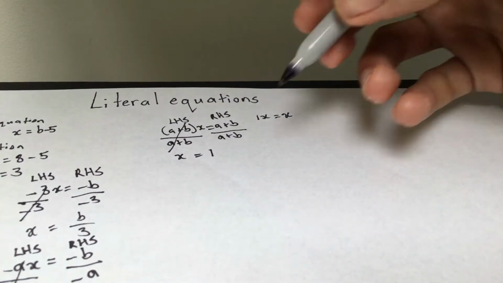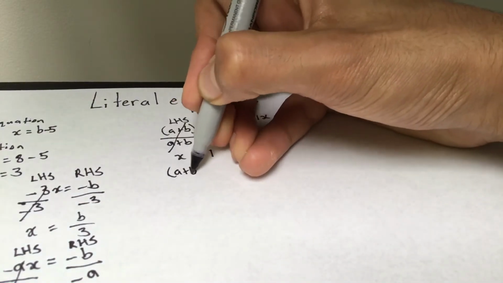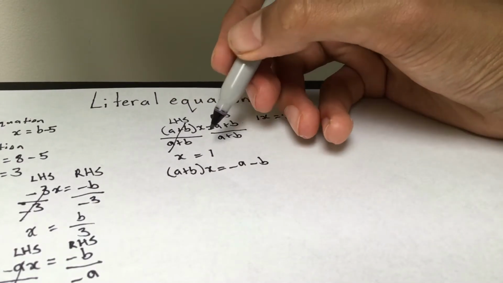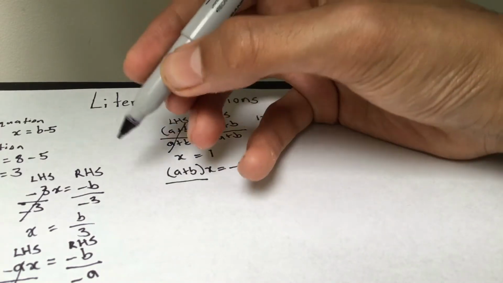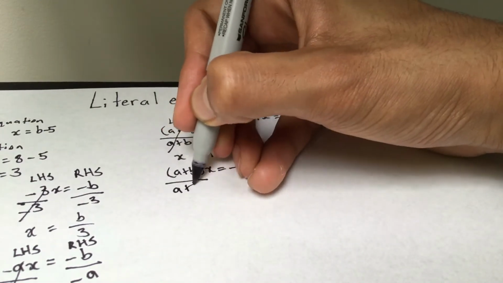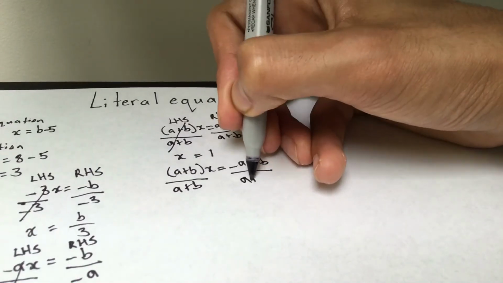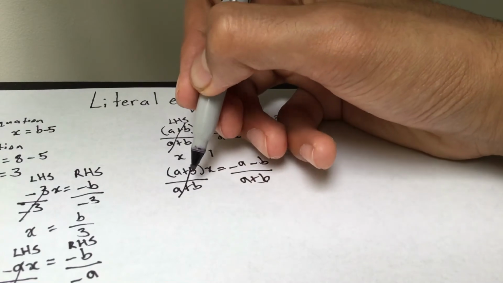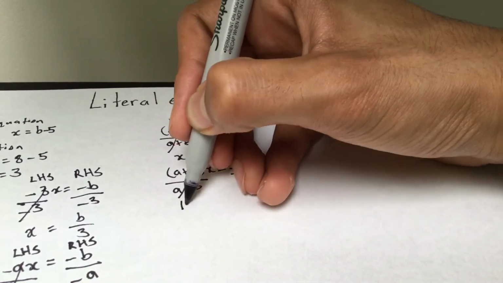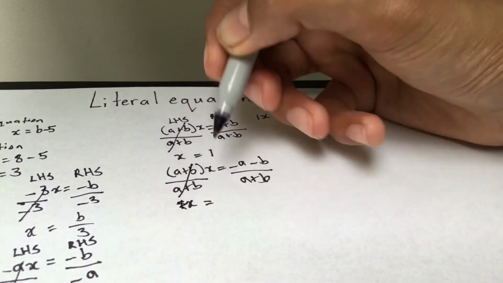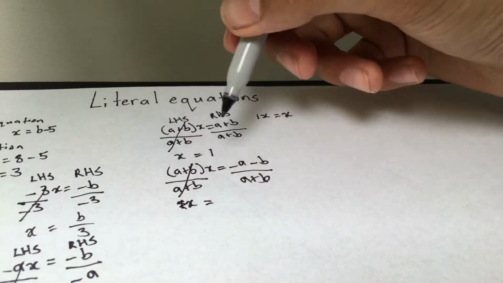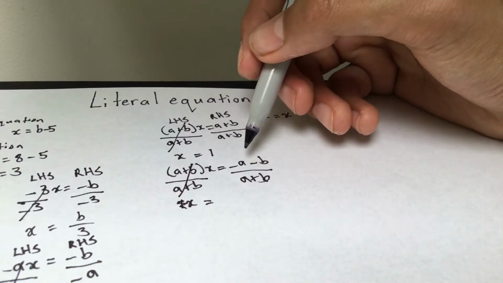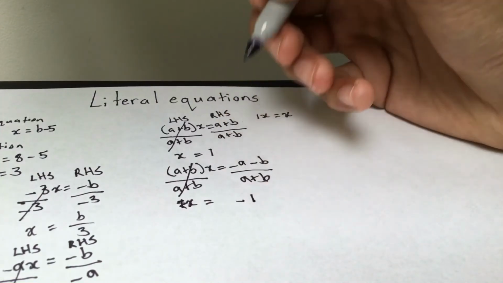Now let's do (a plus b)x is equal to minus a minus b. Same thing, we need to divide by a plus b to get rid of that a plus b from the left-hand side. When you do a plus b divided by a plus b, you get 1, so 1x, which is also known as x. And when you divide minus a minus b by a plus b, we get minus 1.